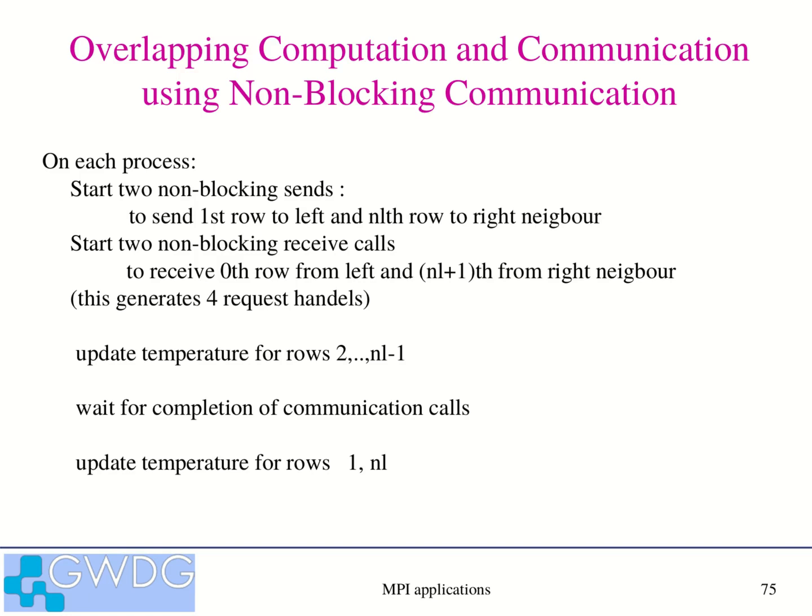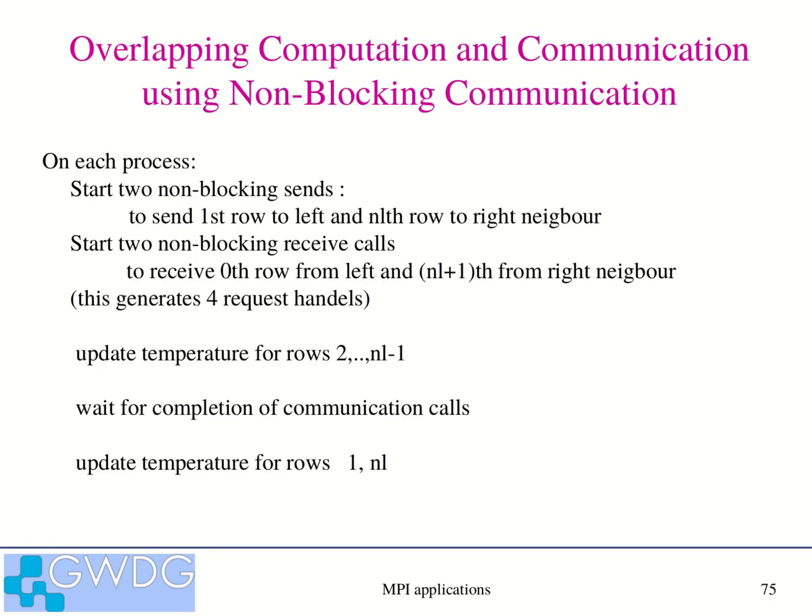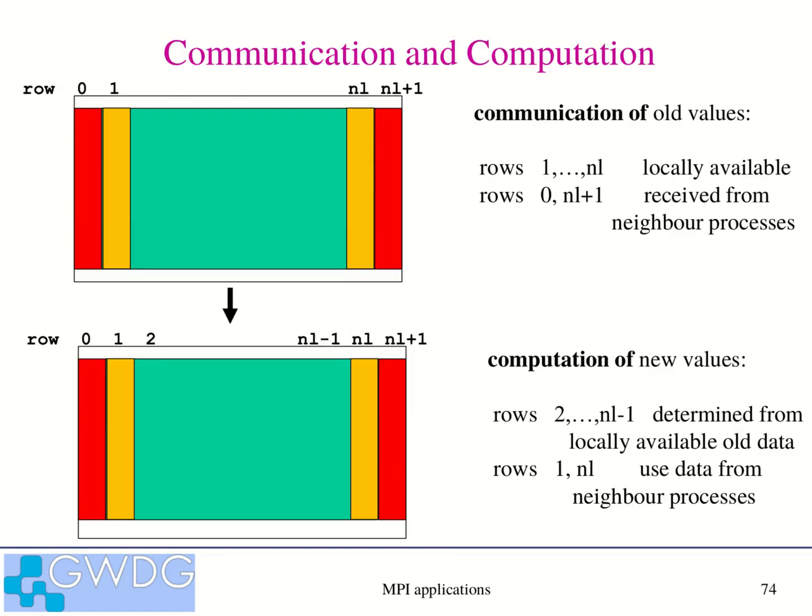The way you do it: start non-blocking sends by sending the first and the NL's column to your neighbors, and then also you start two non-blocking receives to receive the data from your neighbors and put it into the boundary columns of your domain.